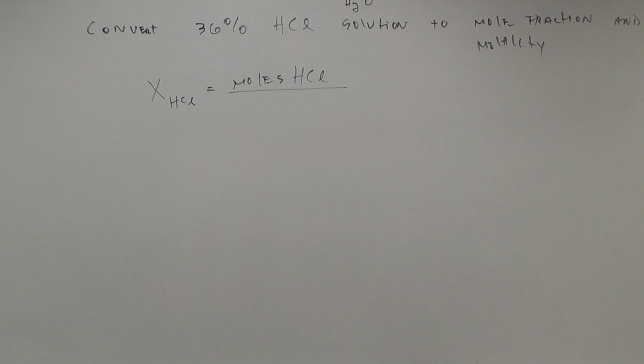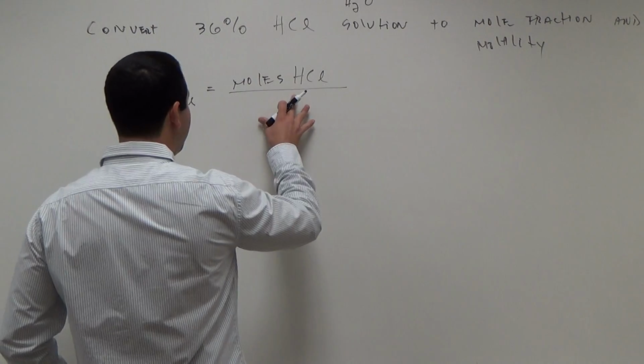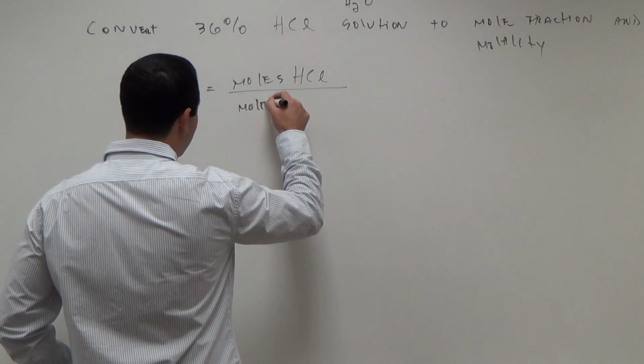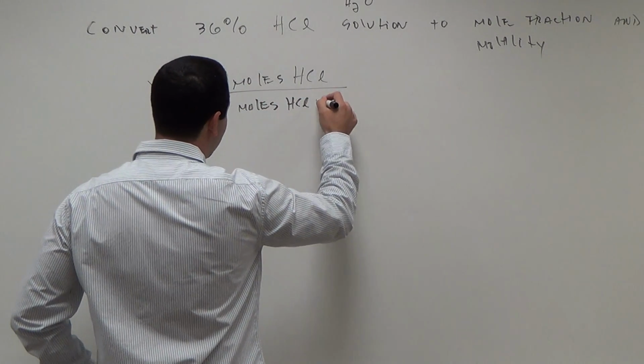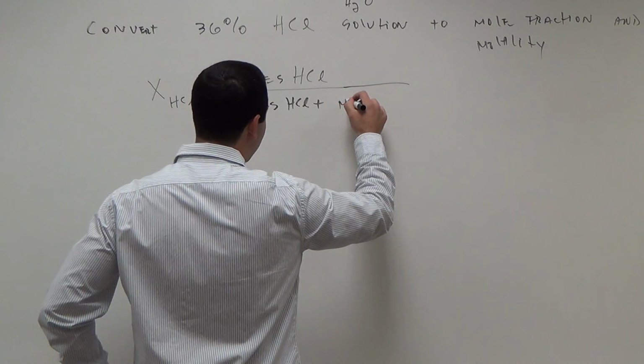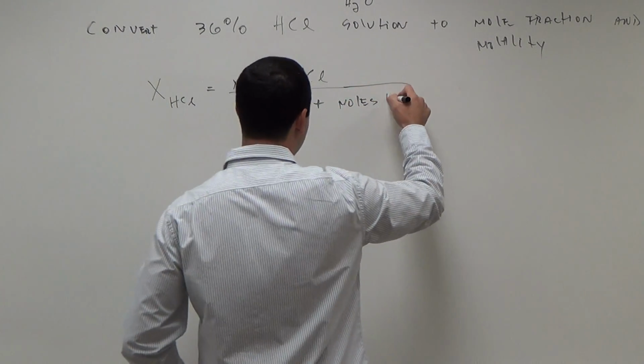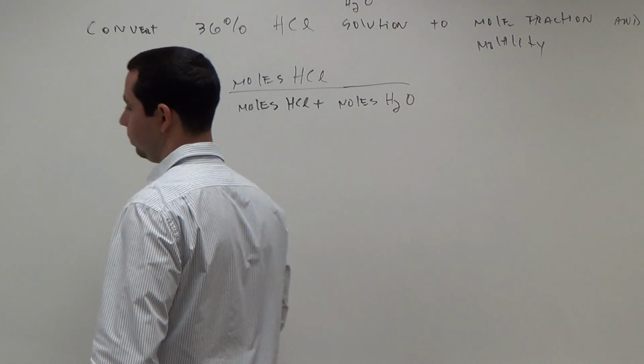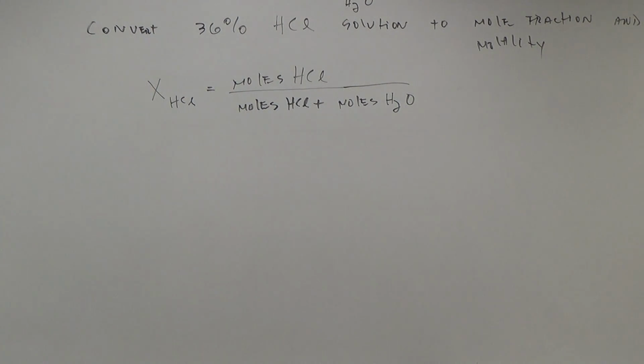So the two components are HCl and water. So I am going to write here the moles of HCl and the moles of water. It is the total moles, but I don't want you to confuse this.